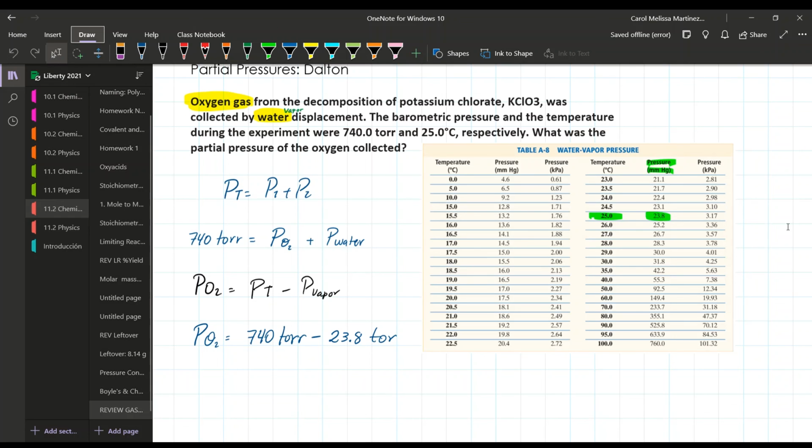Now we perform the subtraction. 740 minus 23.8 gives us 716.2. So the pressure of oxygen gas is equal to 716.2 torr, and this is the final answer.